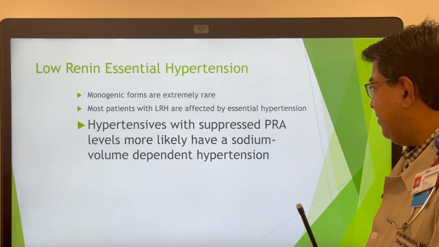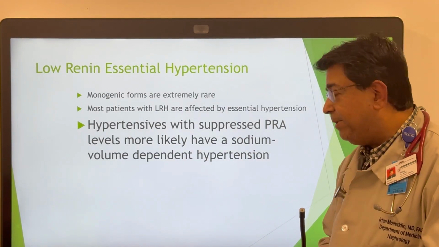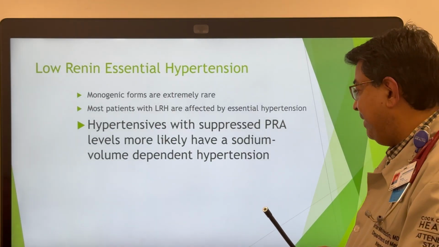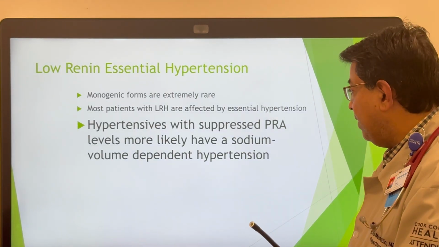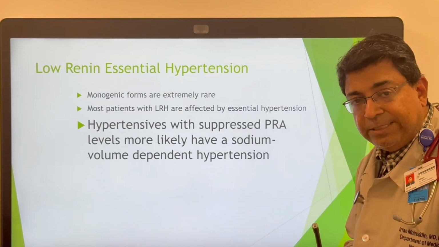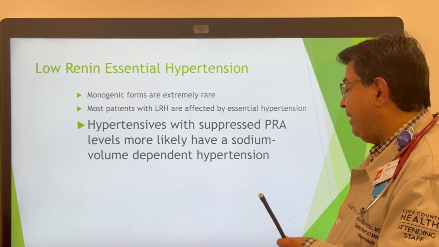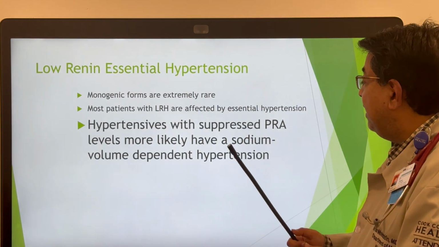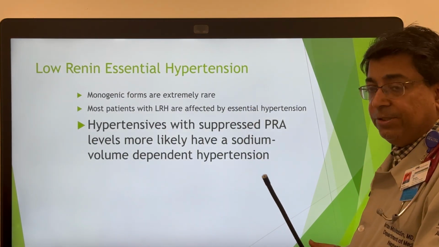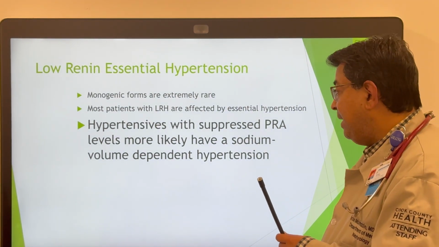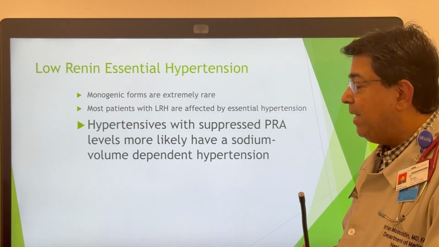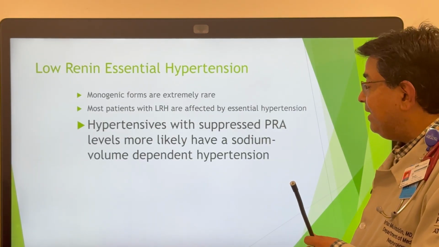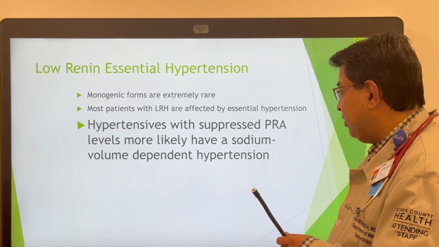The most important thing to remember about low renin essential hypertension is that it most likely is a sodium volume dependent hypertension. And people who eat salt do have low renin essential hypertension. Natriuresis, or getting rid of sodium, is actually a concerted approach and a very effective approach in controlling blood pressure.